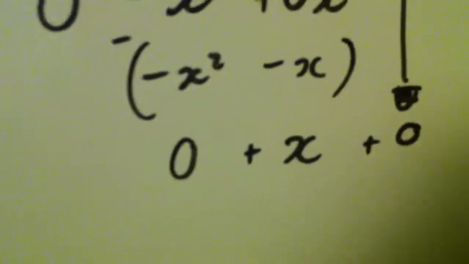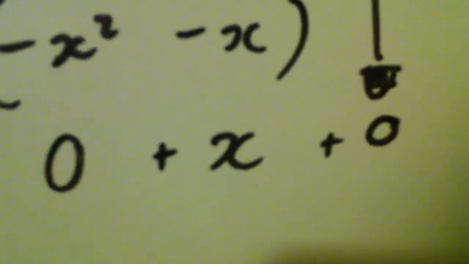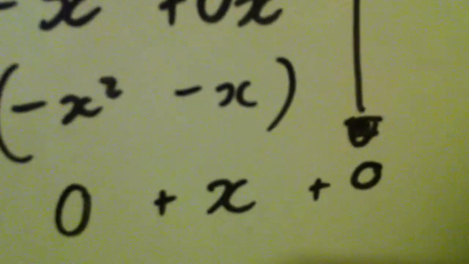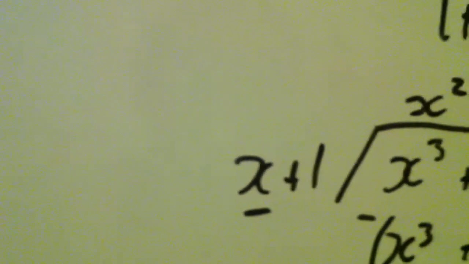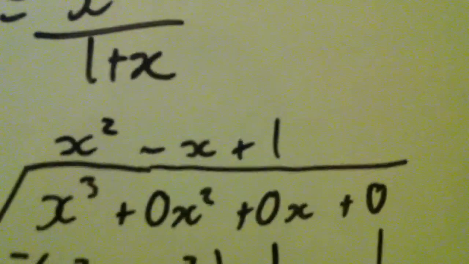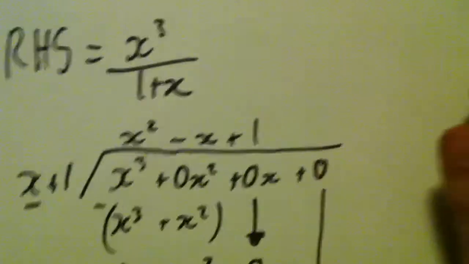and you stop when the degree of the power is less than the degree of the power at the front. So since the degrees are the same, we do this process just one more time. So what do I have to do to x to get x? Well, obviously I times it by 1, then I repeat this process.